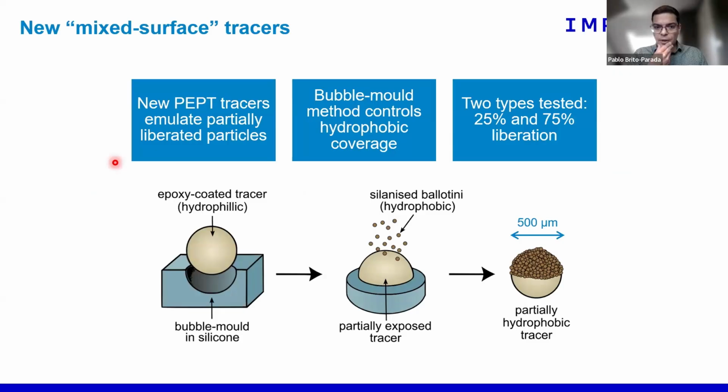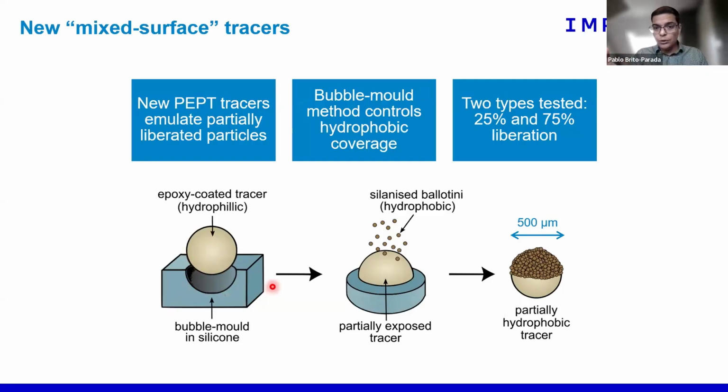So with help from colleagues at Itemba and Justifysics, we developed this. We had a new tracer that emulates partial liberation. We have to use a mold for the resin. So we have that epoxy-coated tracer, which at this point is hydrophilic.